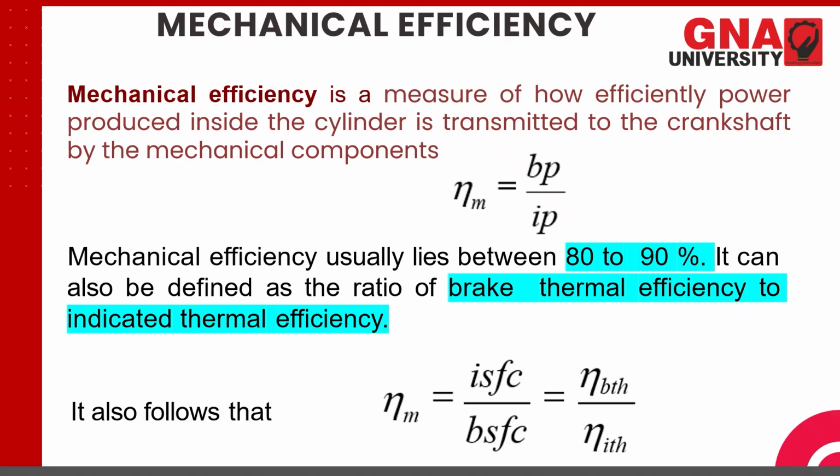So mf dot into CV will cancel out and you get the ratio BP upon IP, which is nothing but mechanical efficiency. Similarly, you can also write it in terms of indicated specific fuel consumption and brake specific fuel consumption. This parameter of specific fuel consumption we will be discussing in the coming slides.